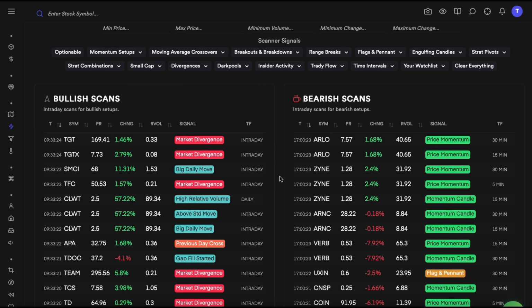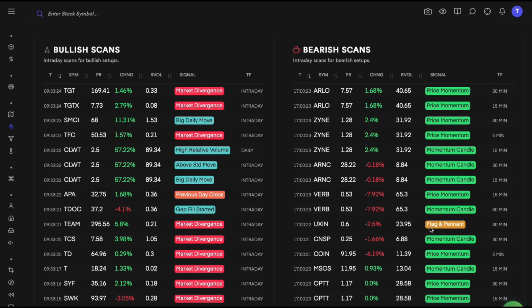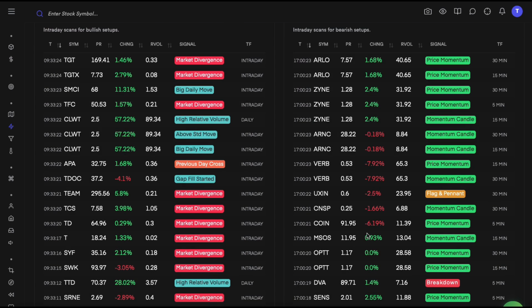Then we have gap fill started, which is again pretty obvious. Big daily move just means we have moved more than a certain percent. High relative volume, again easy to understand. Price momentum or momentum candle just means we had a sudden boost in the price up or down for the stock. Breakdown, breakouts.